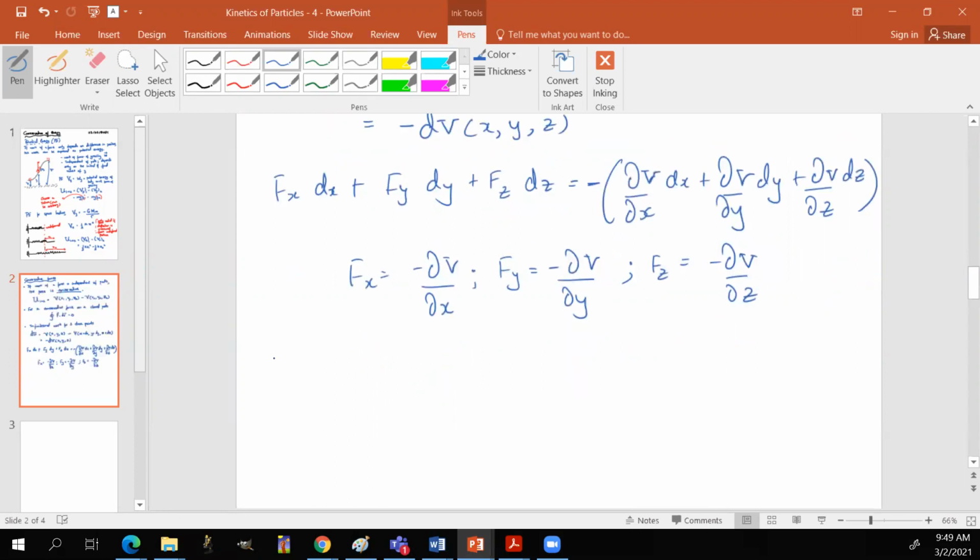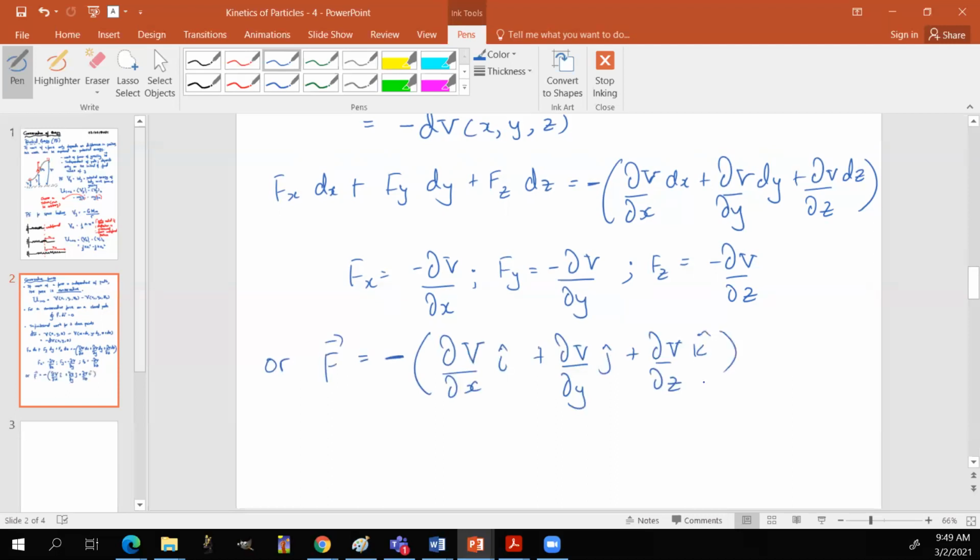Or what this means is, in a vector form, you can write out your force as being equal to just minus partial V partial x in the i hat direction, plus partial V partial y in the j hat direction, plus partial V partial z in the k hat direction, right? I hope you saw this in calculus, but this is also called the gradient.